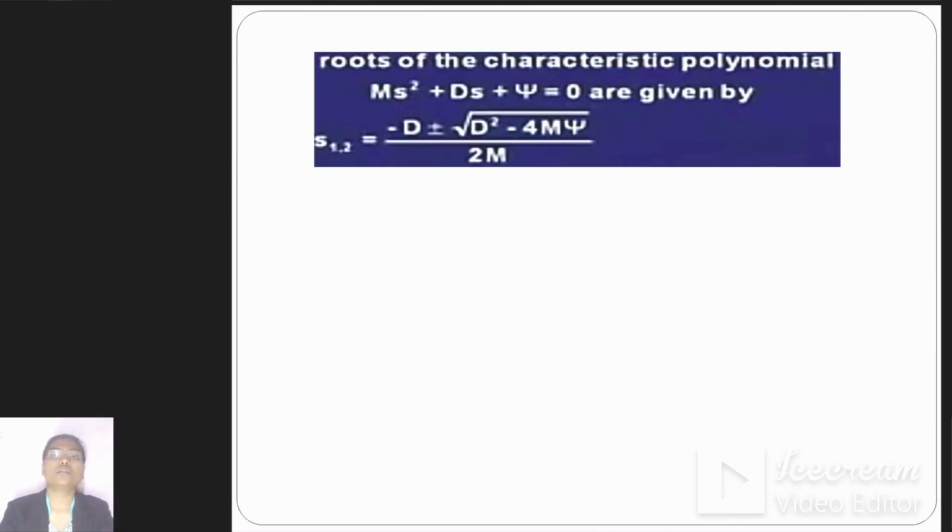The roots of this polynomial equation, there are two roots, s1 and s2, equal to minus D plus or minus the square root of D² minus 4Mψ, divided by 2M.